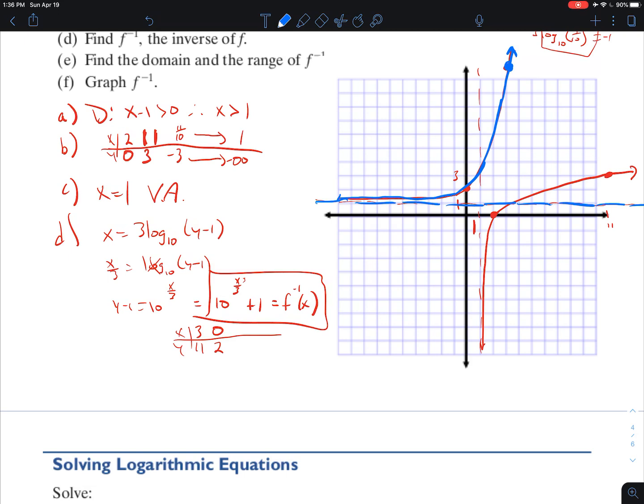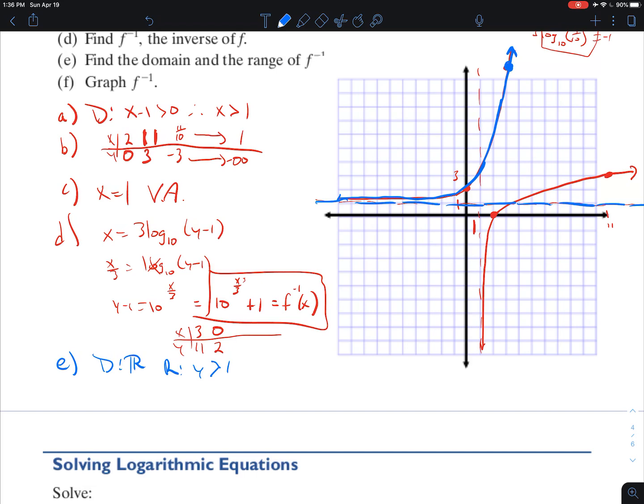There's the graph of f inverse. The domain and range of f inverse, well, we know that the domain of the inverse is all reals. The range is greater than 1. And we graphed f inverse there. The domain is all reals, and the range is y is greater than 1.